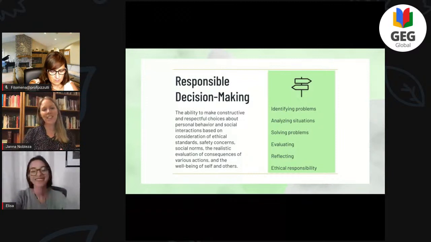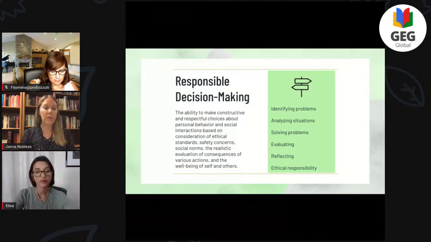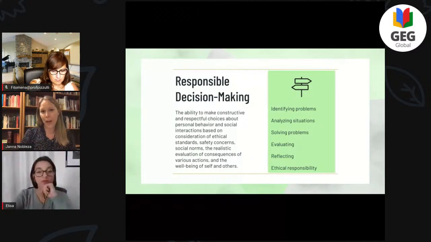And when we make good decisions, we need to be able to first identify the problem, analyze the situation, and then be able to solve it. We do that through evaluating and reflecting, and we do that by taking into account our own ethical responsibility, making sure that our well-being and the well-being of others around us are taken into account.